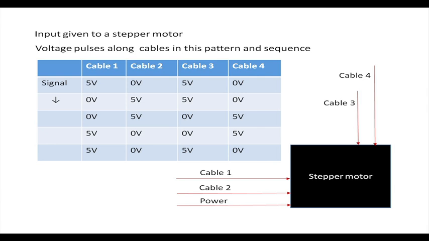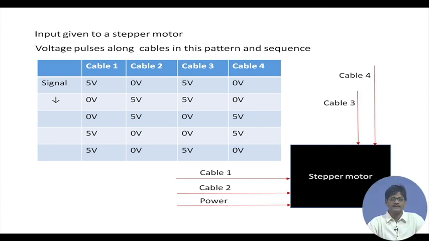First, the pattern of voltage values given to the cables is: cable 1 containing 5 volts, cable 2 containing 0 volts, cable 3 containing 5 volts and cable 4 containing 0 volts. This remains for a certain amount of time, after which it is changed to the second pattern. That means cable 1 goes to 0 volts, cable 2 goes to 5 volts, and so on.